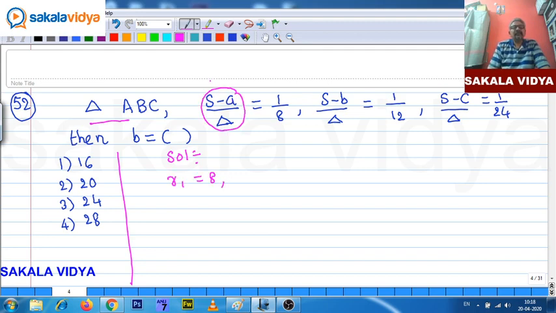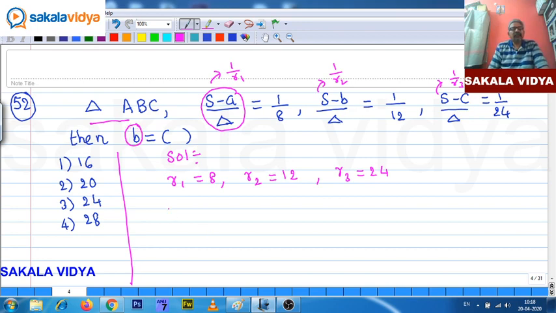Similarly, this one is 1 by r2, and this will be 1 by r3. So we can write r2 is equal to 12 and r3 is equal to 24. Now with the help of these three values, we need to find out the B value.